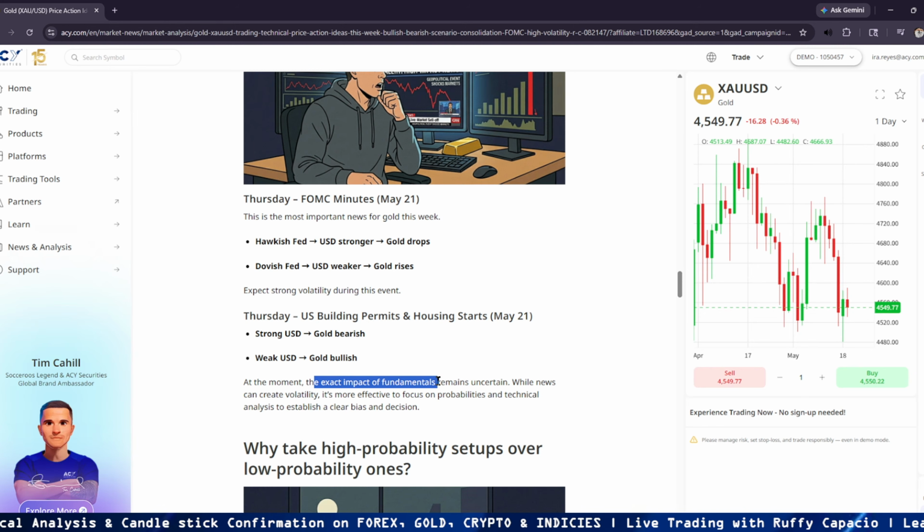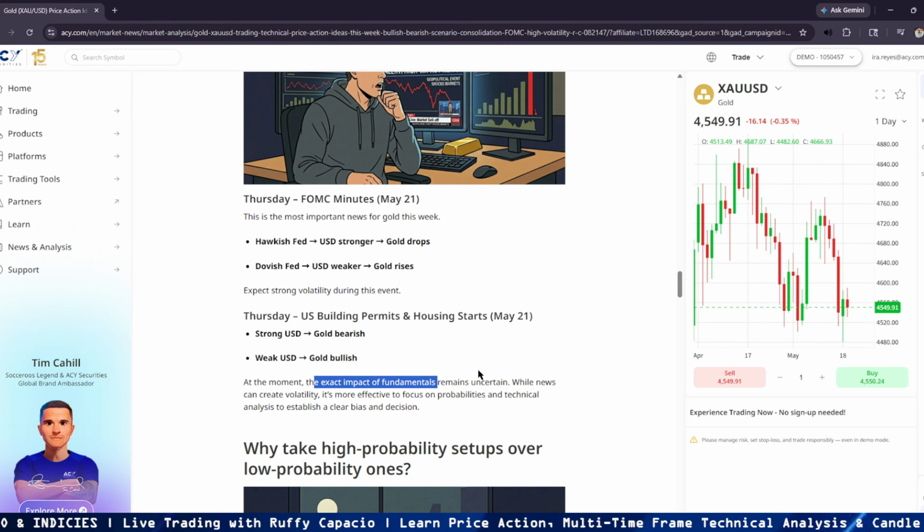It could just have its effect once the time has started. Once it is already scheduled, it could have its move at that exact time. So it will just remain uncertain.